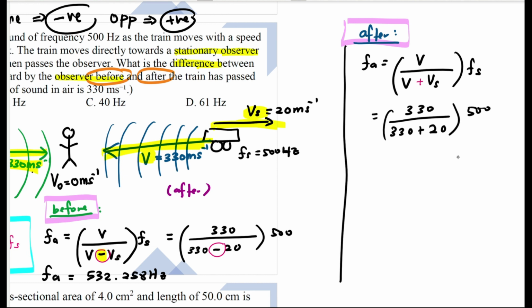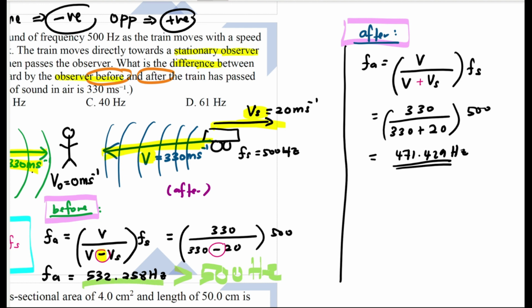Okay. So you akan dapat nilai dia 471.429. Kalau you nak tengok betul ke tak yang you kira tu logik ke tidak. Okay, secara logiknya kalau train mendekati awak, kita akan dengar lebih kuat. So the value of apparent frequency heard by the observer should be bigger than 500 Hz. So betul kita kira.